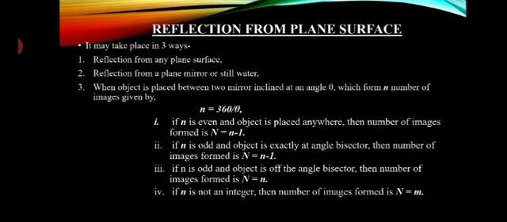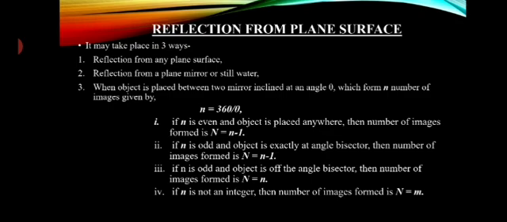Now, suppose your angle between the two mirrors is 180 degrees. Your angle bisector will be exactly at the center, that is at 90 degrees. If your object is placed on that angle bisector and the obtained n is odd, then the number of images formed will again be n minus 1.